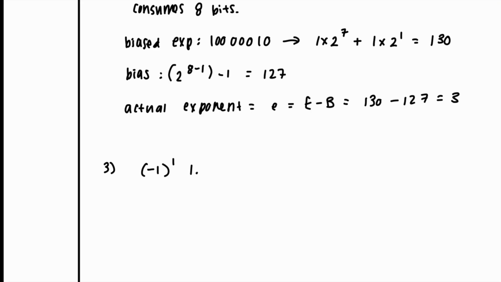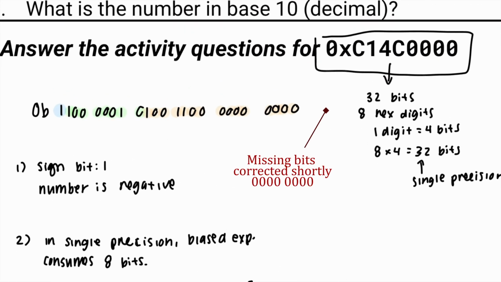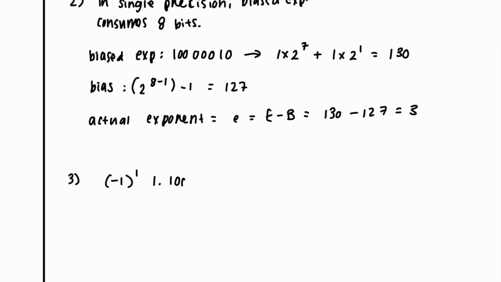Then we have 1 point, and then let's look for our mantissa. Our mantissa is 10011, and then the remainder are zeros. Then for our last part, we're multiplying by 2 to our actual exponent, which we got over here. So it'll be 2 to the 3. And that will be our number in binary normalized format.